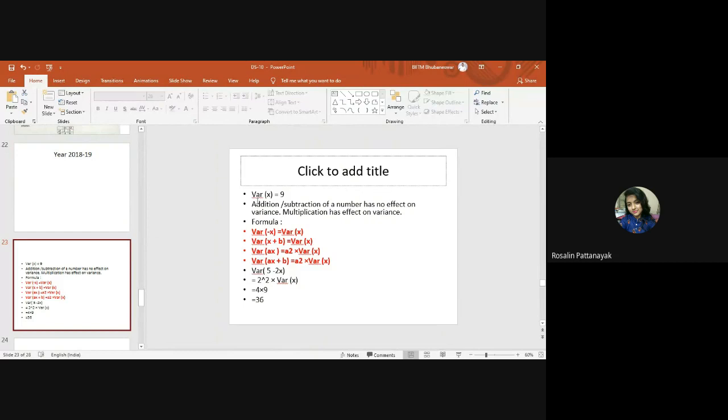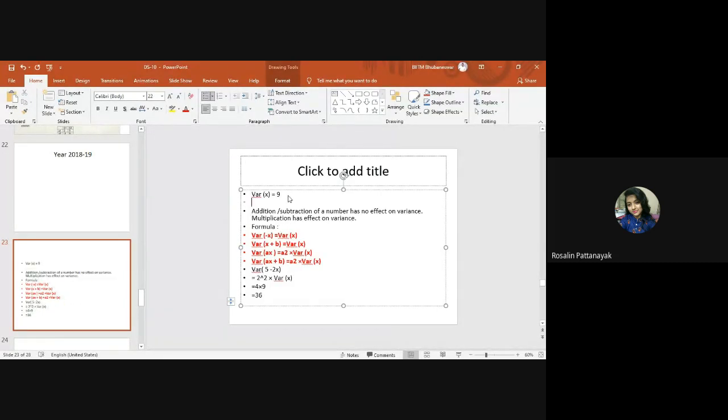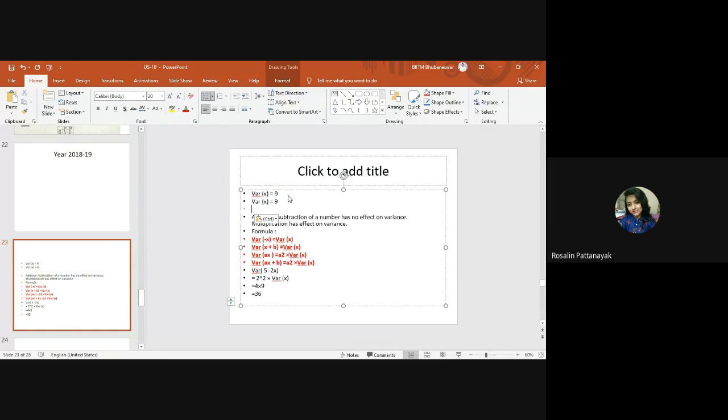Note down the formula: variance is the square of standard deviation. Variance equals the square of your standard deviation.